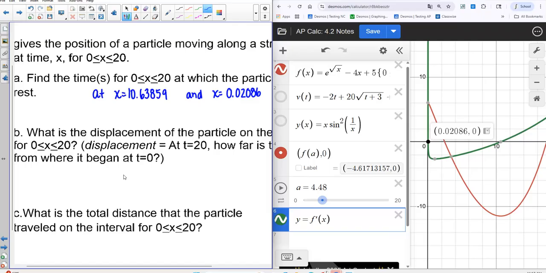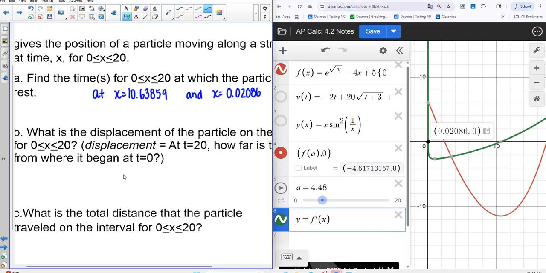Your displacement from my class, let's treat the hall like it's a straight line, is the distance from my door to the bathroom, right? So your displacement is just how far you are away from where you started. Now you'll see question C says total distance traveled.